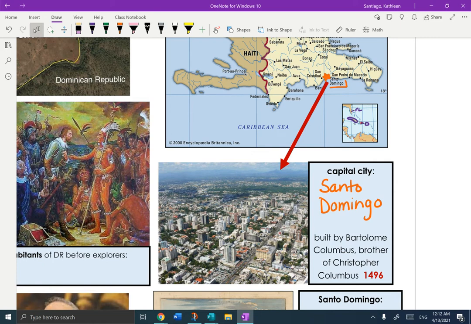It was one of the first places that he settled. Yes, December 5th, 1492, Columbus first arrived. And so 1492 was the arrival, and by 1496, only 4 years later, they're already establishing the capital city of Santo Domingo.